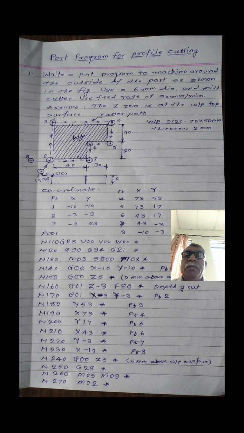Then first you have to find out the workpiece 0 or Z0. As shown in the figure, in profile cutting, the workpiece 0 is always at the corner of the workpiece. That is X0, Y0, Z0, that is the workpiece 0.